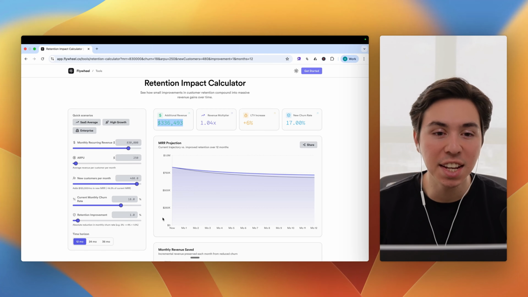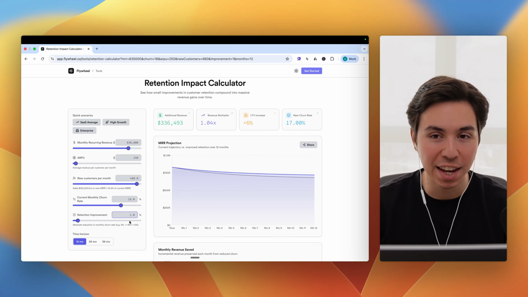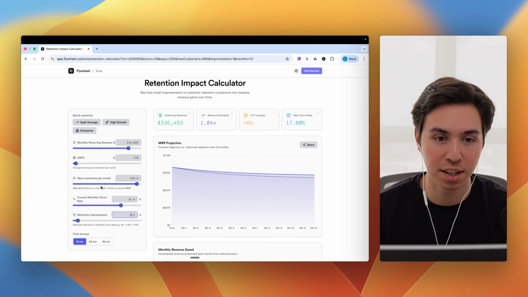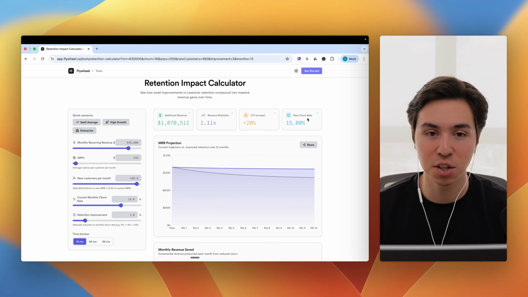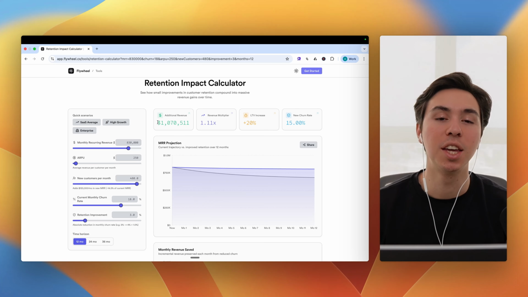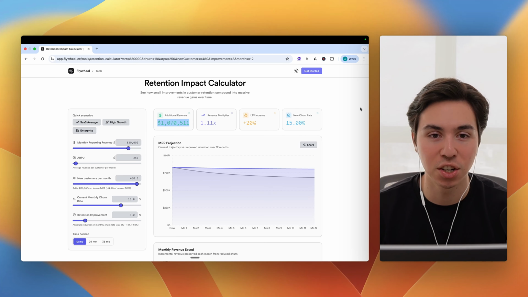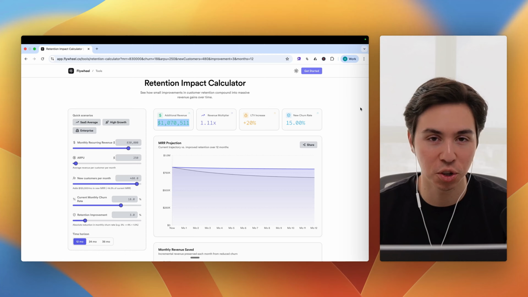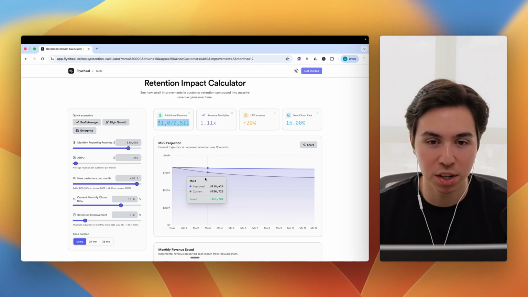Okay, so you go from 18 to 17. Now, what happens if you go from 18 to 15%? Let's look at that. So if we go from 18 to 15%, everything else stays the same. You add an additional $1 million that would essentially go straight to your bottom line. So what does this look like?